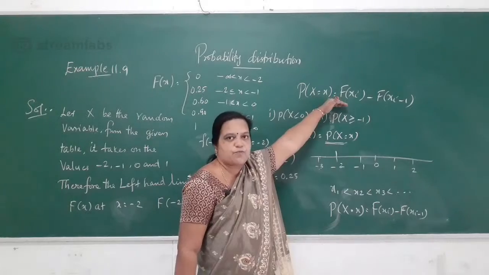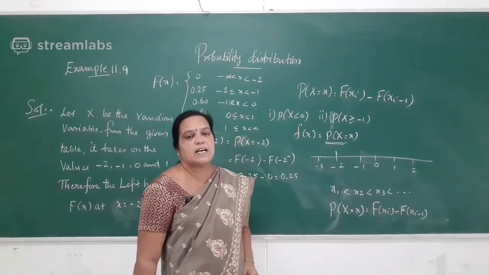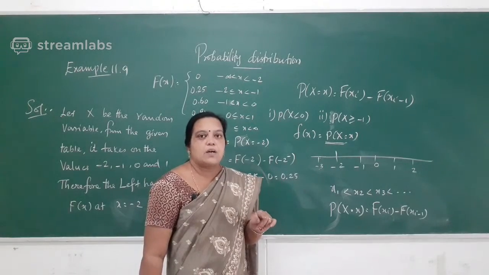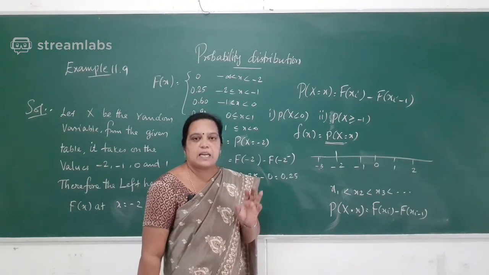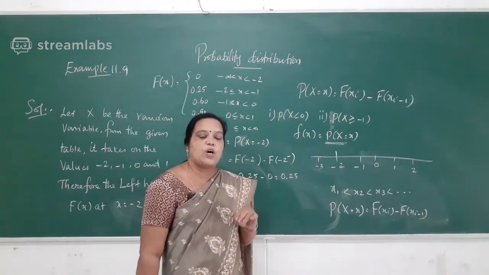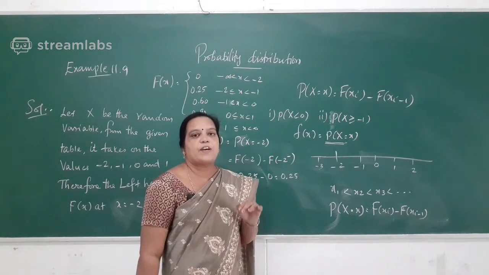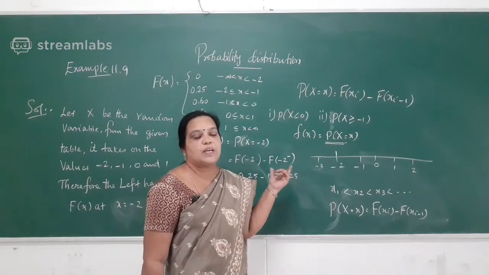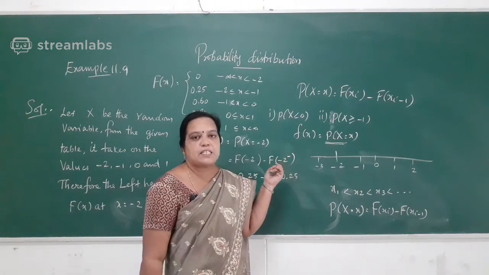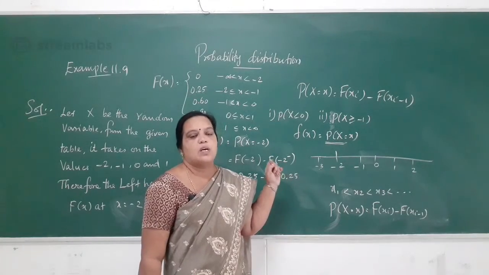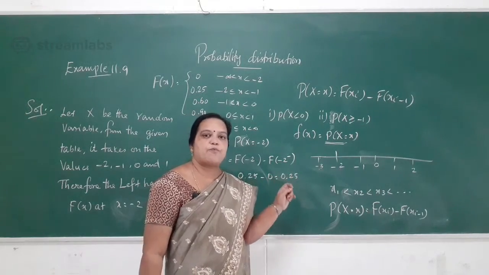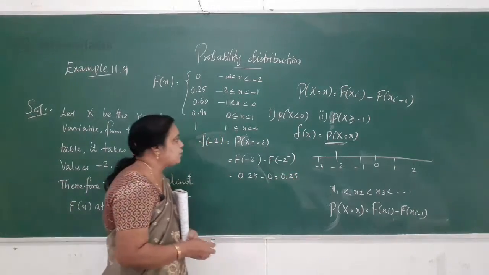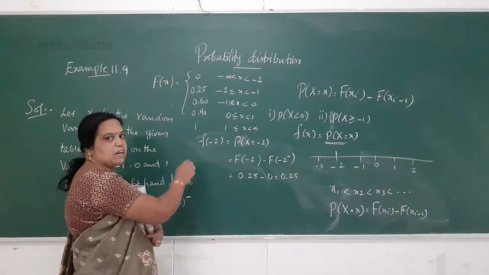We can use this formula when x is a discrete random variable that takes values x1, x2, x3 and so on, and f of xi is the cumulative distribution function. So we can write p of x is equal to xi is equal to f of xi minus f of xi minus 1.